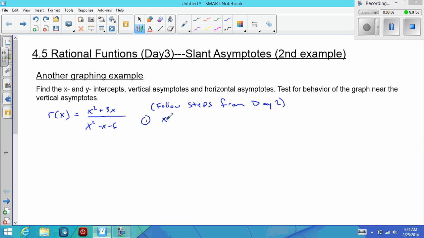Therefore, we will factor out x, and we are left with x plus 3. For the denominator, we can use the product sum rule, diamond method, or quad 3 on a graphing calculator if we have that. And we would get x minus 3 times x plus 2.